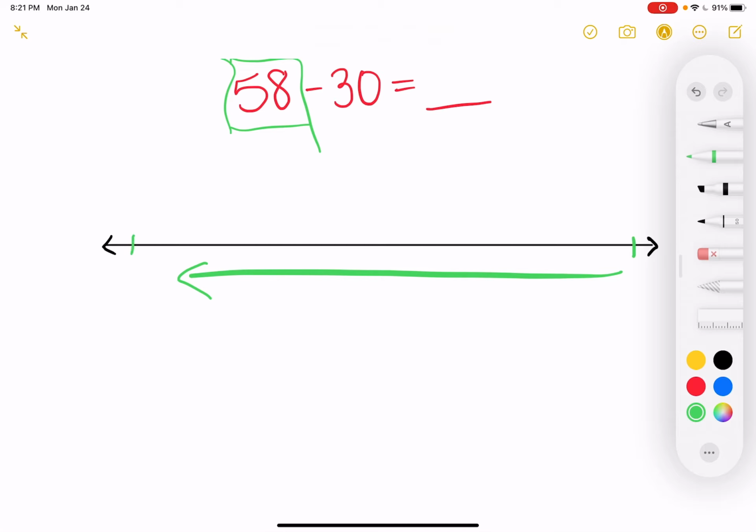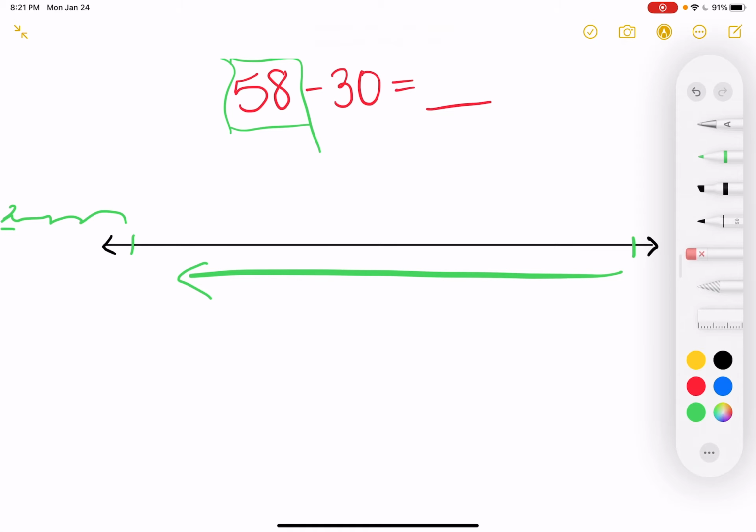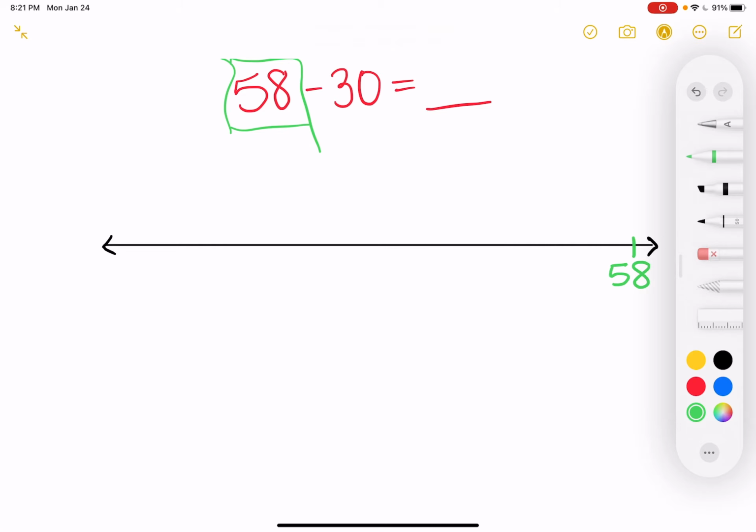If you put it here, and you're trying to count back, you're going to run out of space going to the left. You need it to be on the right so that you've got space. So my starting number, 58, goes right here on the far right so that I've got plenty of space to count back.